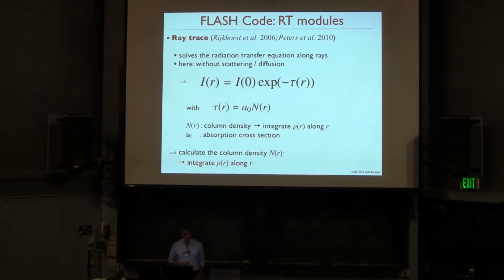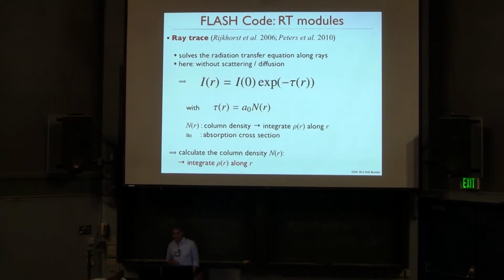Okay, now, this is essentially a diffusion approach we were talking about, and this is often good also for optically thick regions where we have a lot of scattering and where the radiation is really diffusing rather than being transported along a single direction because of all the scattering events.